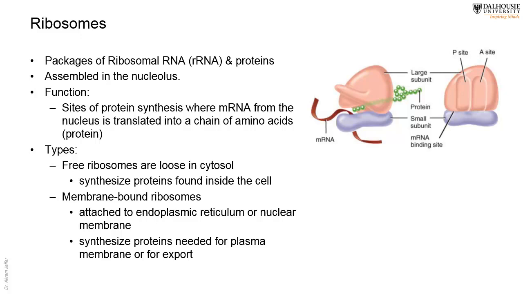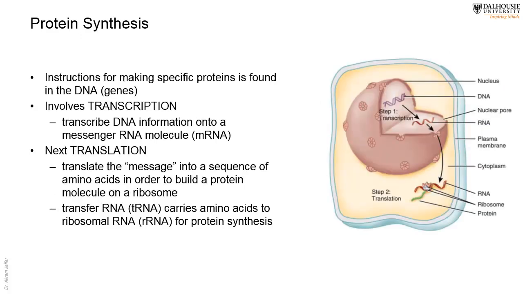When the ribosomes are attached to the endoplasmic reticulum, it becomes rough, so it's called the rough endoplasmic reticulum because it has attachment of ribosomes. The other place where ribosomes are attached is the outer layer of the nuclear envelope. So they are attached at two locations.